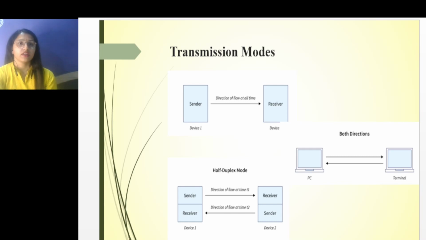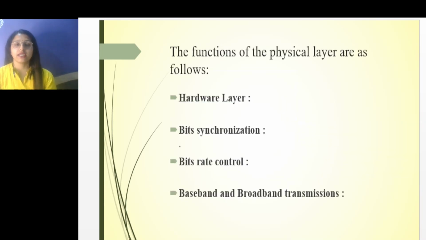Next, in depth, the functions of the physical layer can be divided as the hardware layer, bit synchronization, bit rate control, baseband and broadband transmission. Why are we calling it a hardware layer? Because it deals with the setting of the physical connection to the network.